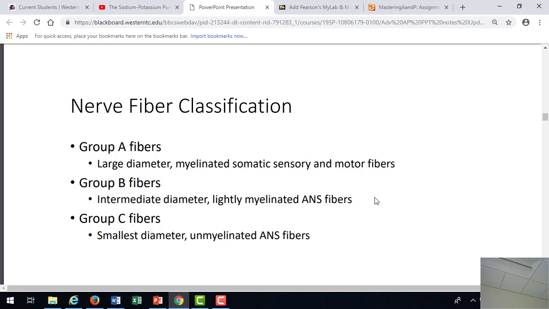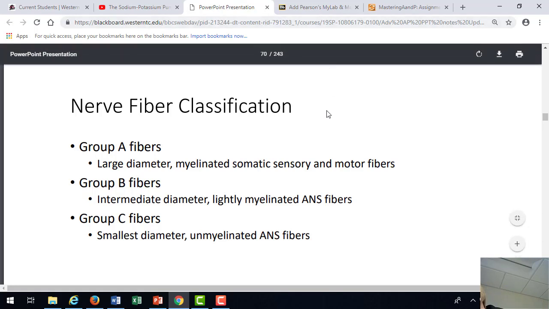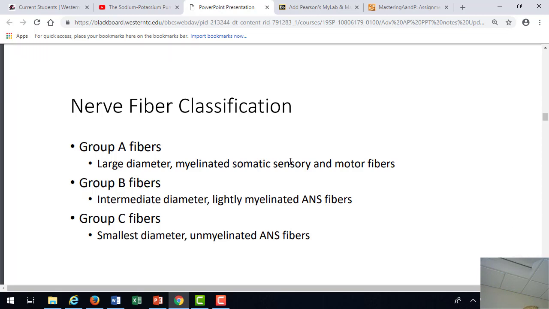So these are the fibers going to and from our skeletal muscle. So that would make sense, right? Wouldn't you want them to be fast at what they do? Because we're trying to move around our environment, right? And keep ourselves safe. So skeletal muscle, sensory and motor. So we need lots of input coming in from our muscles and going out to our muscles so we can sit, stand, move around like we need to.